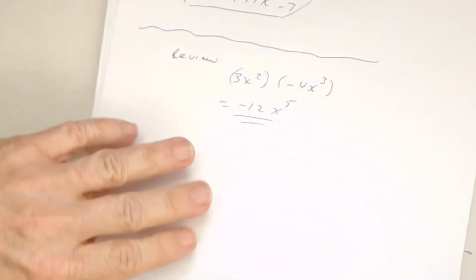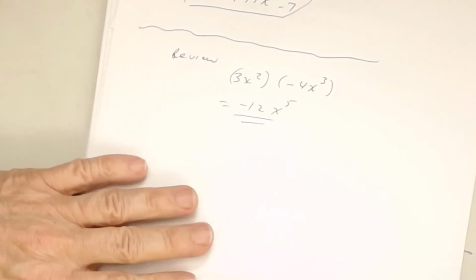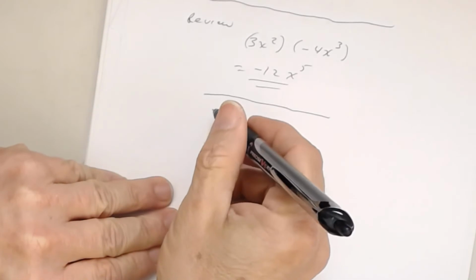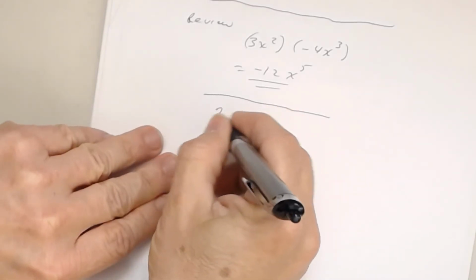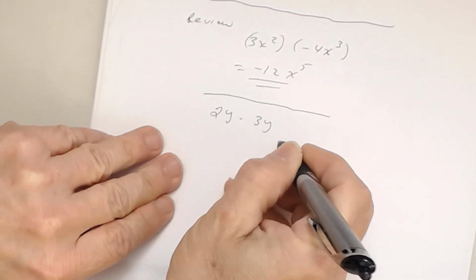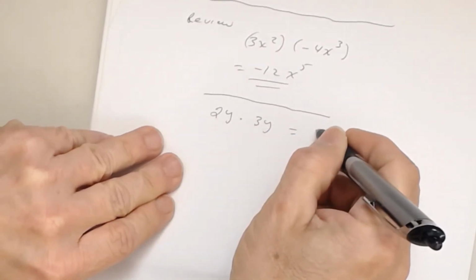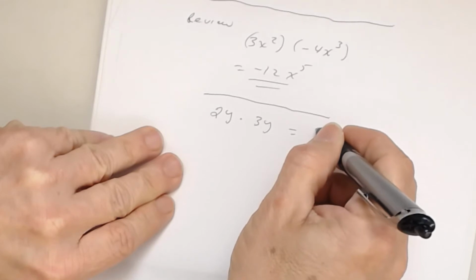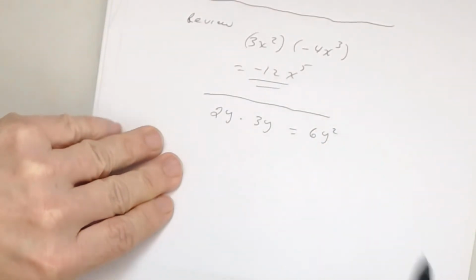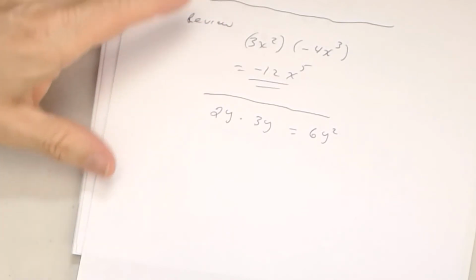All right, so that's something you had on your test. So then in particular, if you have 2y times 3y, then that's just equal to what? 6y squared. Okay? The exponents are understood to be 1. 1 plus 1 is 2. All right, so that's a review of what we're about to use now.